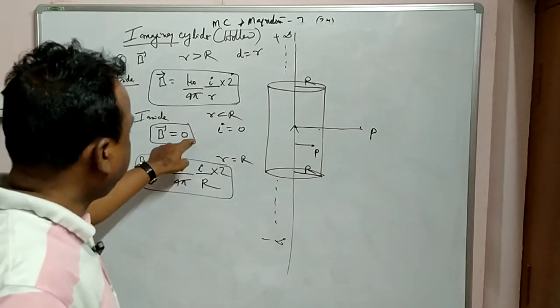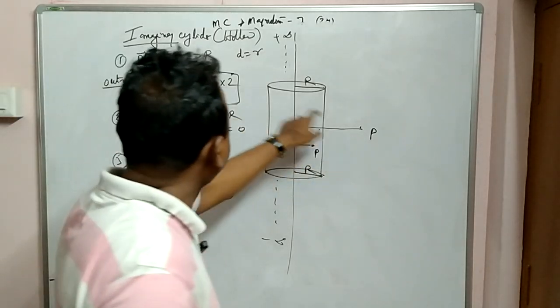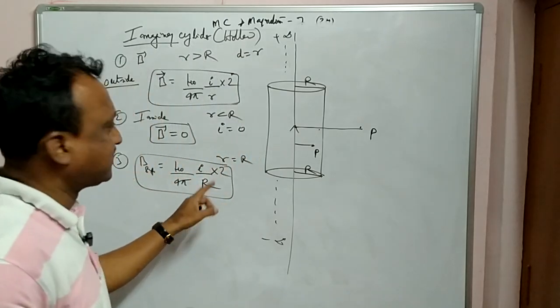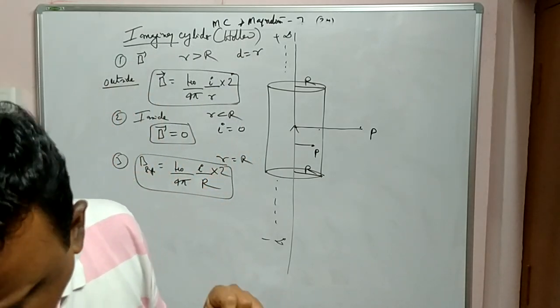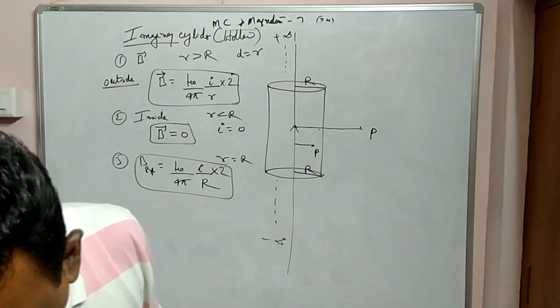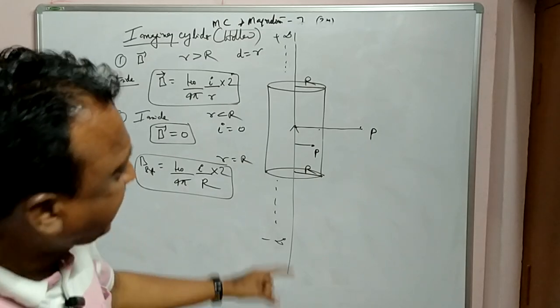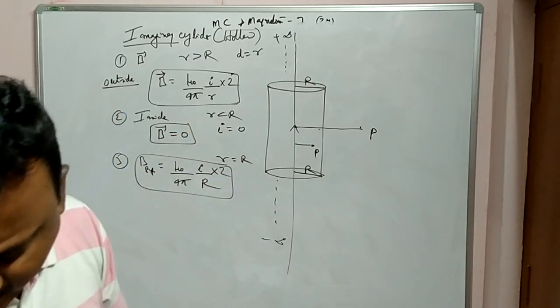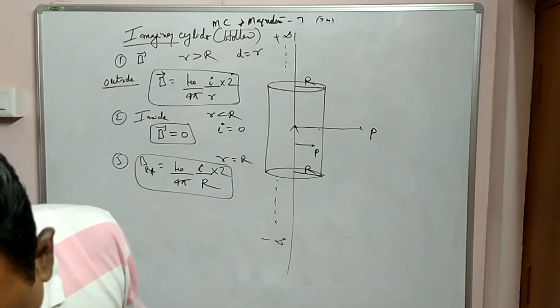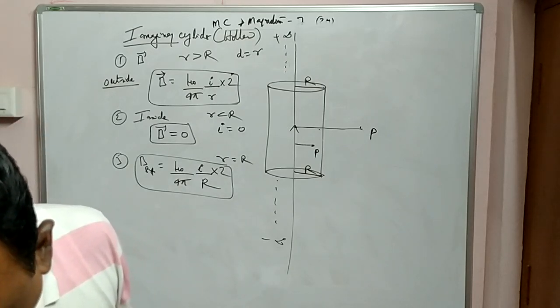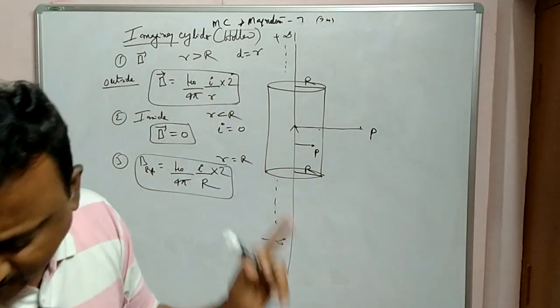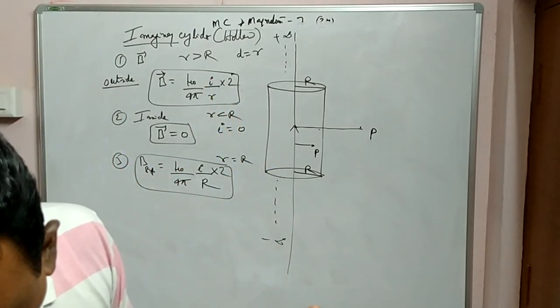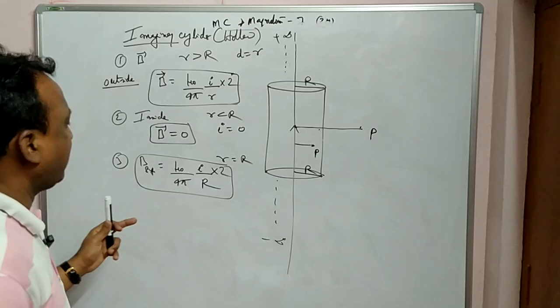Inside it is 0, and outside and on the surface you have the same value. Please check it once again. Make a note, this is an imaginary hollow cylinder.